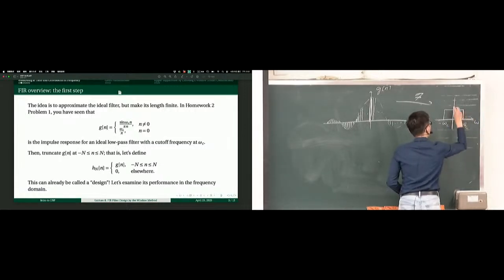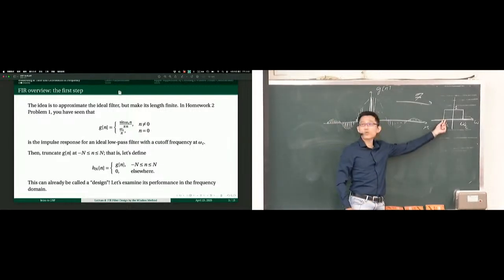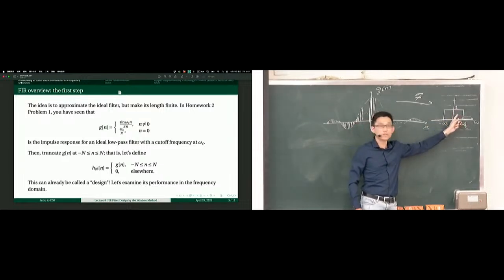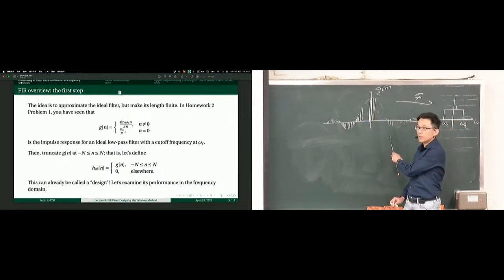The gain is 1 in the pass band and 0 in the stop band, with a sharp transition. It makes an immediate transition from the pass band to the stop band. This is ideal, but this cannot be implemented.